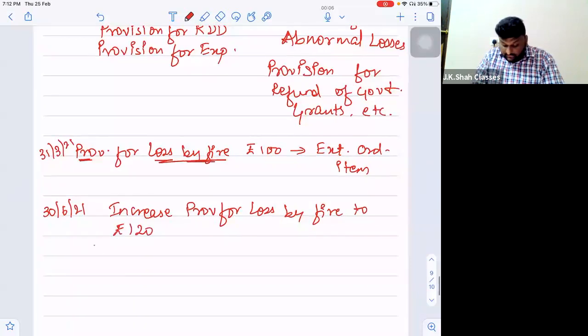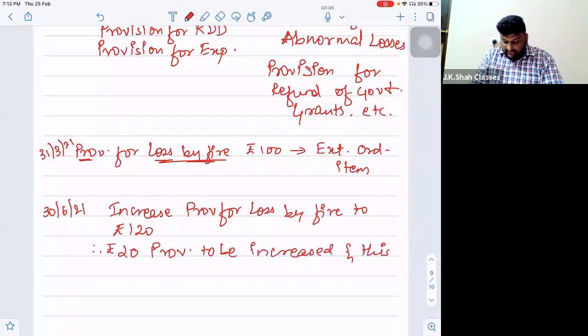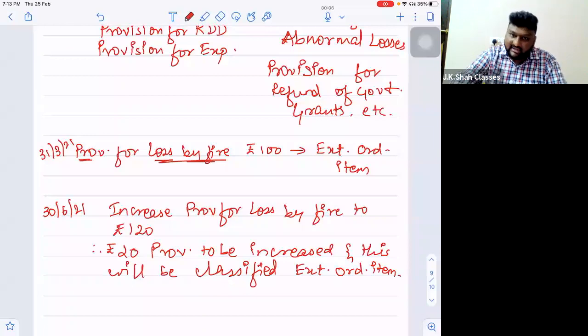Therefore, a rupees 20 provision is to be increased, correct? And this will be classified as an extraordinary item only, because the original estimate was extraordinary. So the change in estimation by 20 rupees will also be extraordinary. I hope you're getting this point.